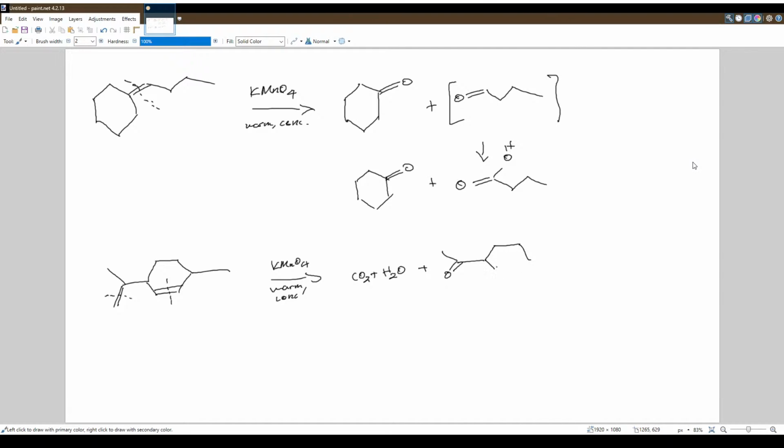Alright. We're going to get a carboxylic acid, I should say, like this. Two carboxylic acids, actually. Oh man, I can't draw. How do I draw this?